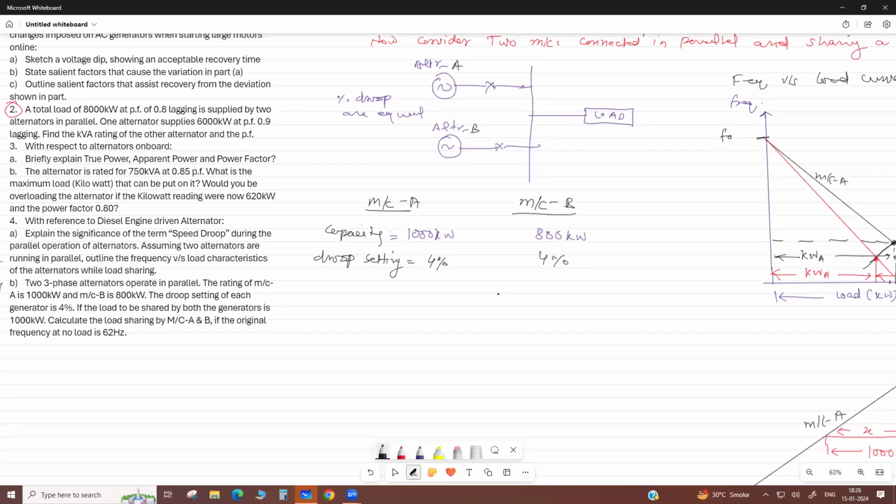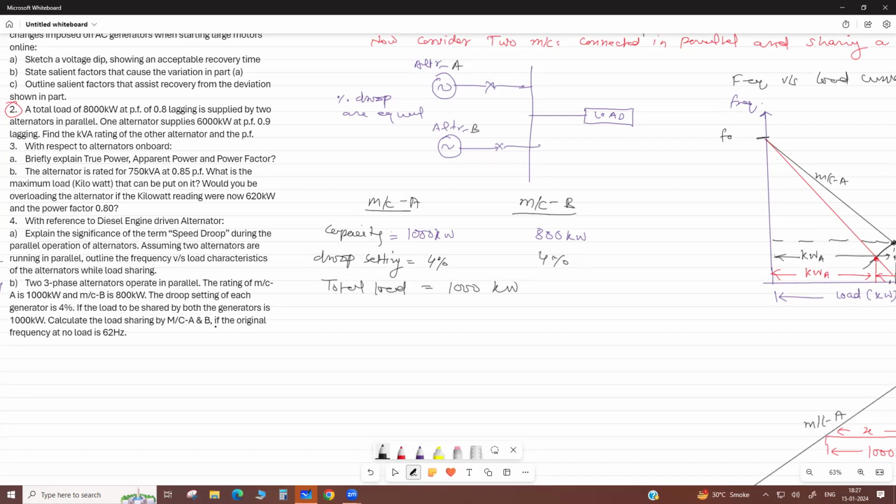Sometimes it is a different droop setting, but here it is the same. Now, if the total load shared by both machines is only 1000 kilowatt, then what is the load on A and B when they are operating in parallel?